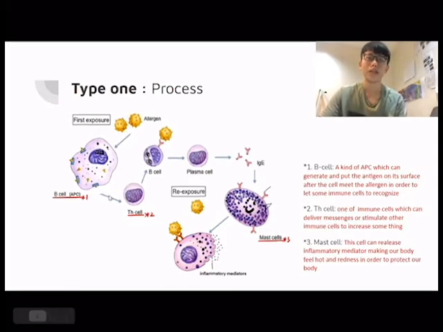The allergen binds to the receptors present on the B cell, and the B cell presents some information on its surface. T helper cells bind to the complex. The T helper cells are activated and release some mediators to activate the B cells to generate plasma cells. The plasma cells produce and release IgE antibodies.